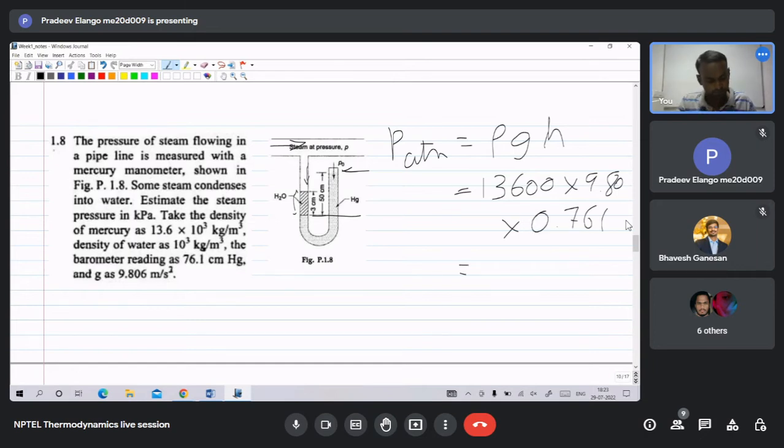So this is 101.48. I will round it off to 101.5 into 10 power 3 pascals, or 101.5 kilopascal.